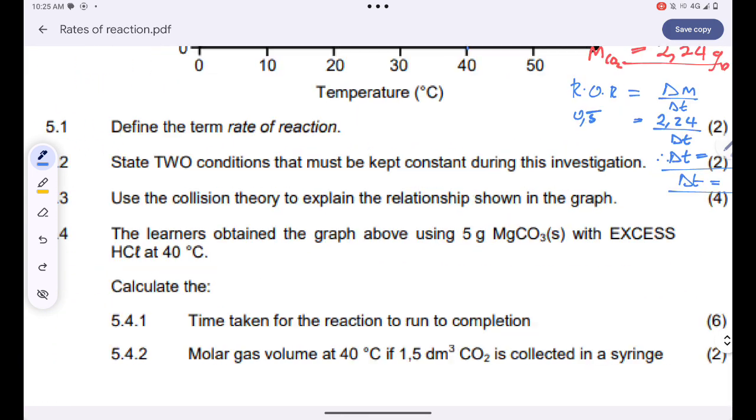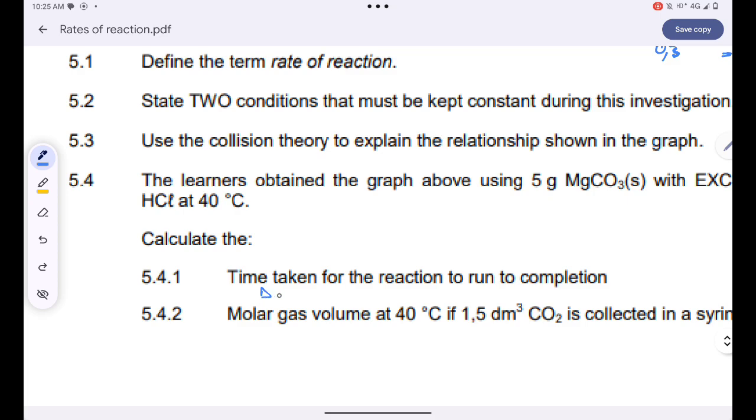Yeah, so the amount of time, guys, you can simply say that's 268.8 seconds.